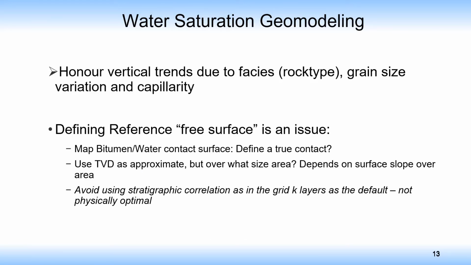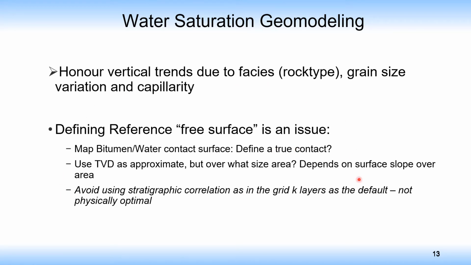Water saturation. The key here is that we want to honor vertical trends due to the facies, rock types, and grain size variation. And so we have to define a free surface. This is an issue for some of the packages, but we want to model or map a bitumen-water or gas-water contact surface, something we can map over a larger area.